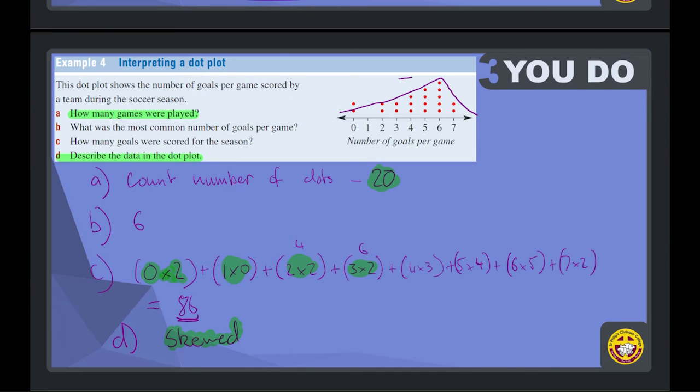That means it's skewed to this side. That's a word we use to describe data that looks like this. If the dot plot had been shaped like this, where the peak was right in the middle, we would describe this as symmetrical. And these are the 2 words I want you guys to be using when you get questions that ask you to describe the data in the dot plot.